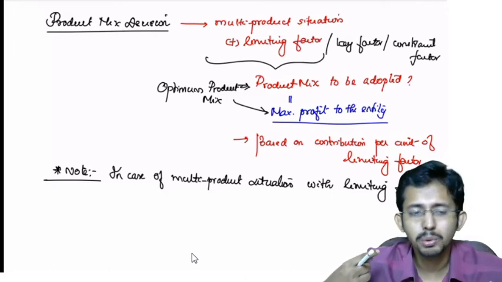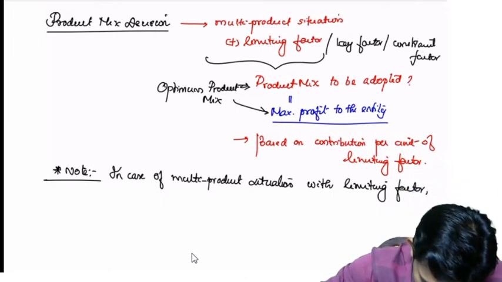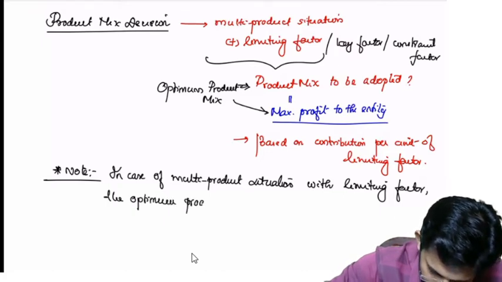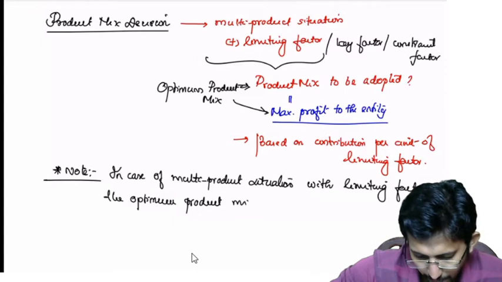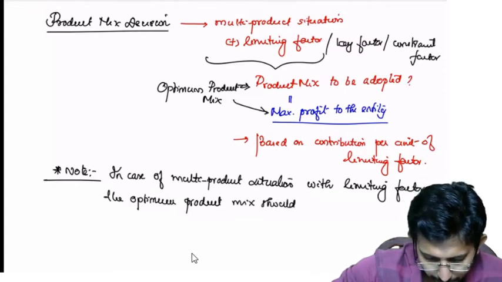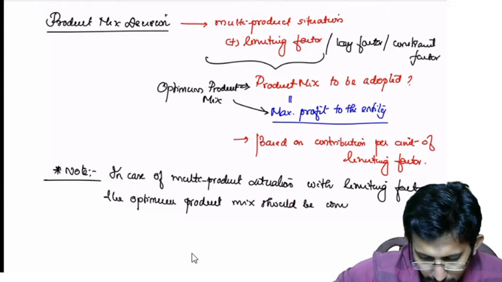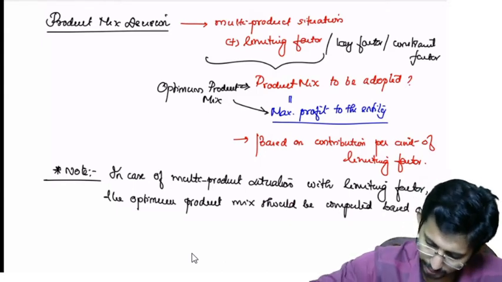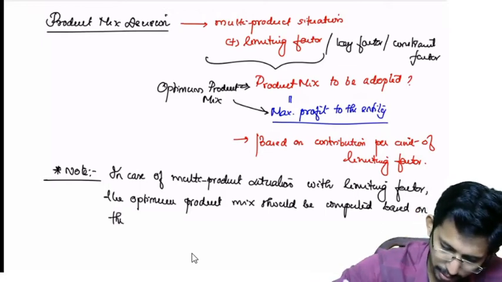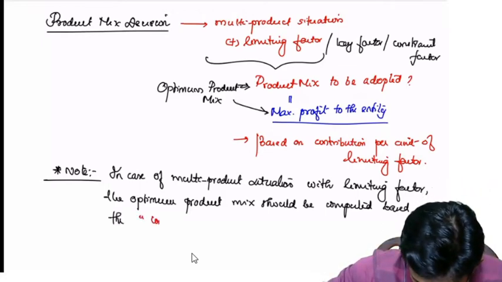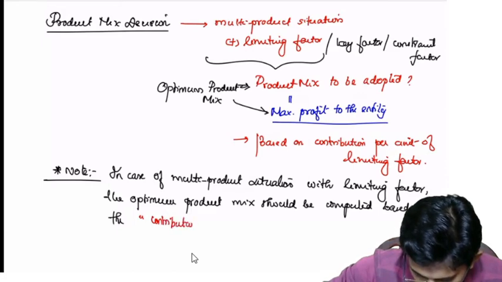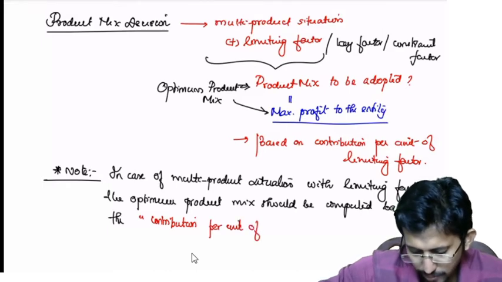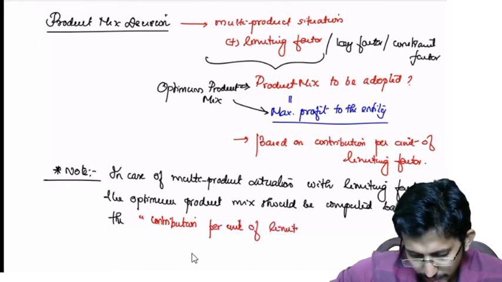Then what you are supposed to do? The optimum product mix should be computed based on the contribution per unit of limiting factor.